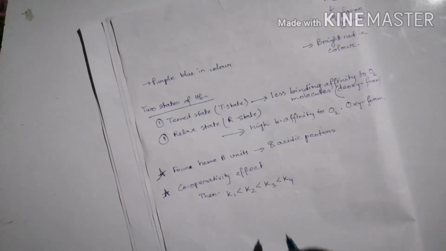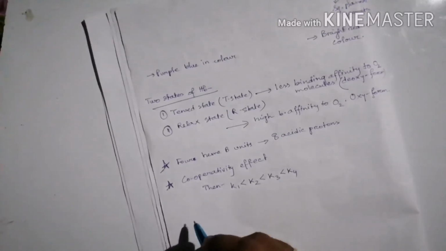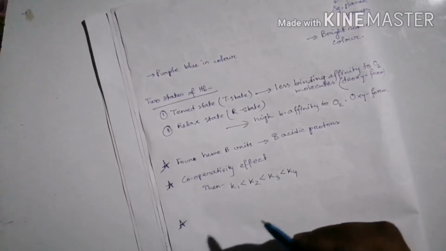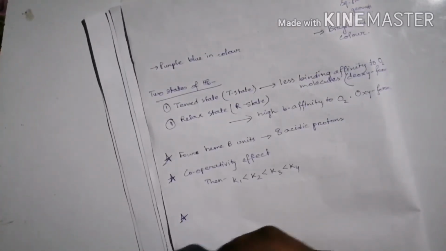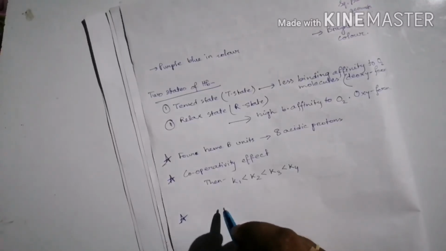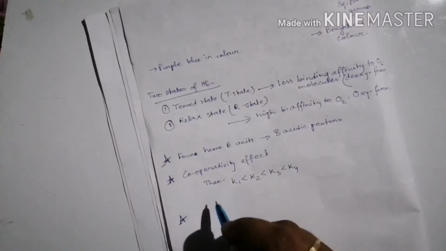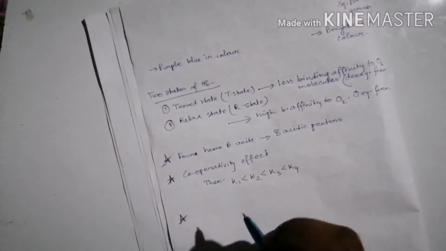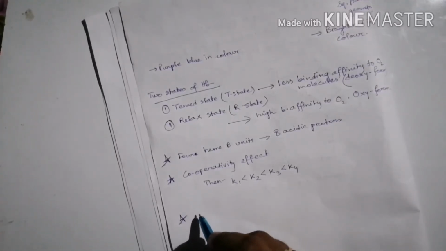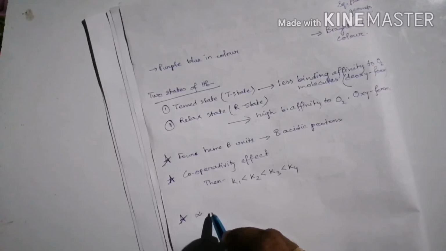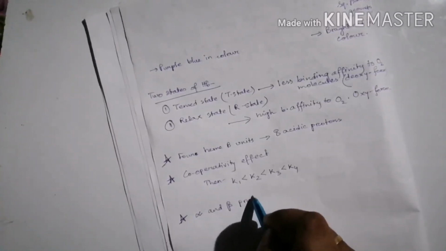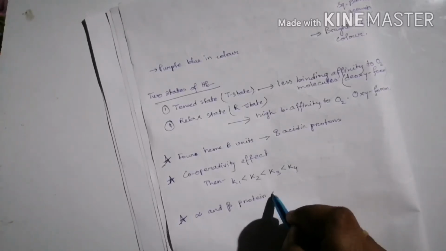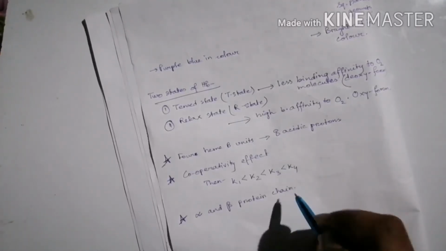Now, talking about hemoglobin, which comprises 4 heme B units wrapped around by protein chains, these protein chains may be of two types, alpha protein chain and beta protein chain.